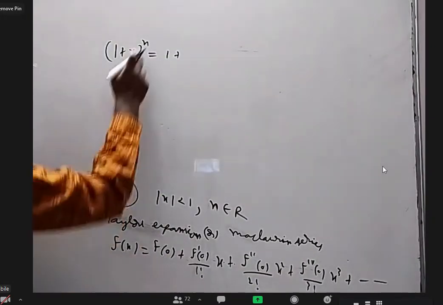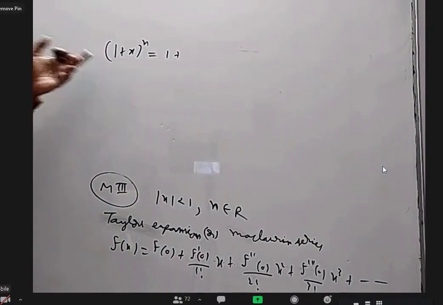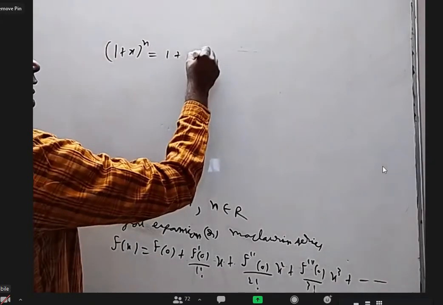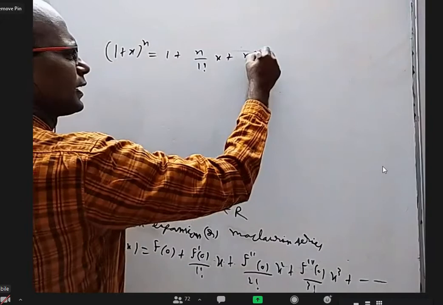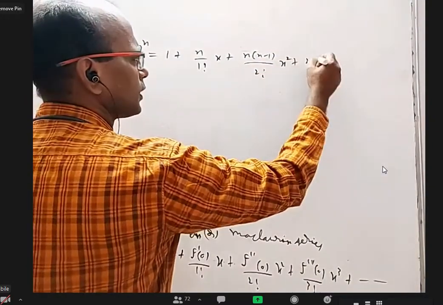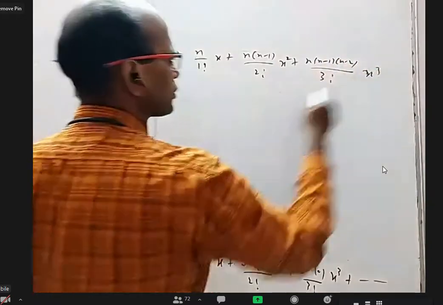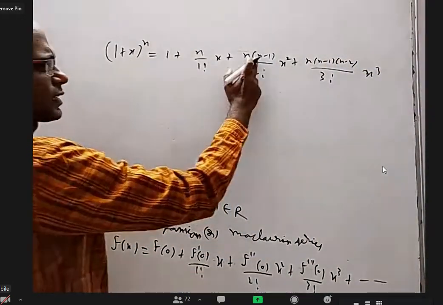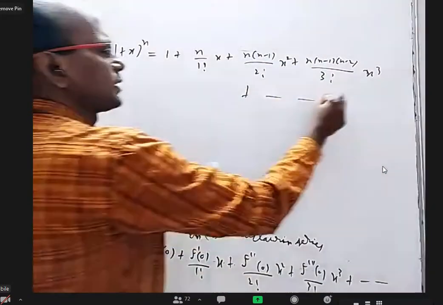And f dash 0: when you differentiate this, what's the derivative of 1 plus x whole power n? n into 1 plus x power n minus 1. When you put x equal to 0, it becomes n. That's how we get n by 1 factorial into x. When you differentiate twice, n into n minus 1 by 2 factorial into x square, and n into n minus 1 into n minus 2 by 3 factorial into x cube. This is the first derivative, the second derivative, the third derivative, and so on. But it goes on forever.